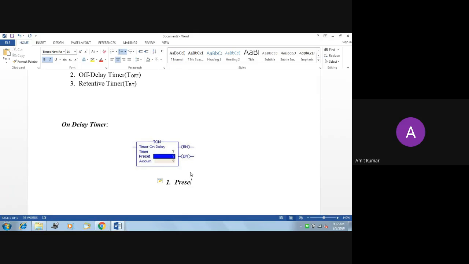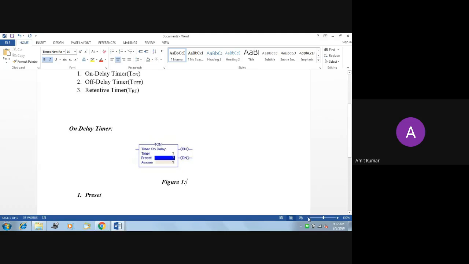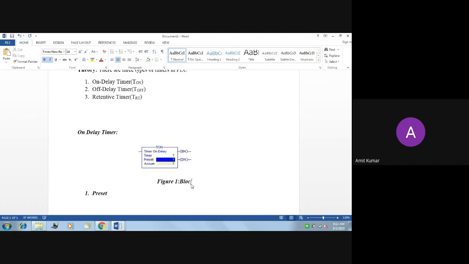So what is preset? It holds the value before the done bit is active.